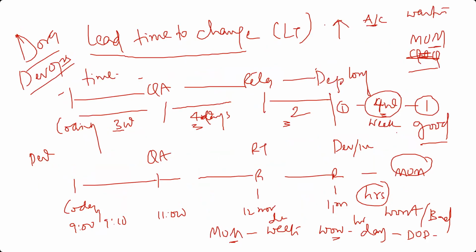If the lead time to change is lower than the actual, you're actually causing trouble to the product because you are shipping in a hurry. You're not actually delivering a quality product. You're deploying the product under a pressure. So you will compromise all the security concerns, borderline cases of testing, vulnerability cases.